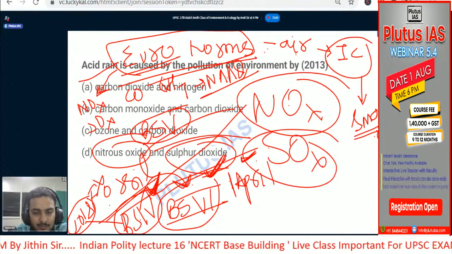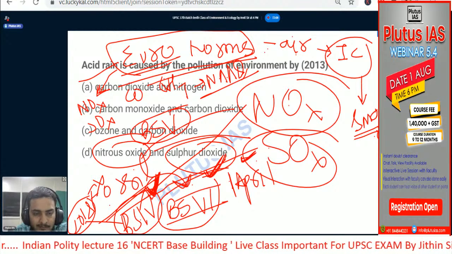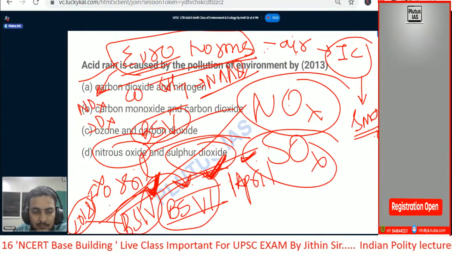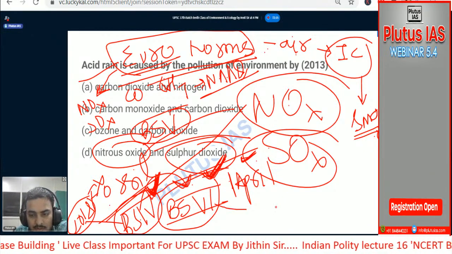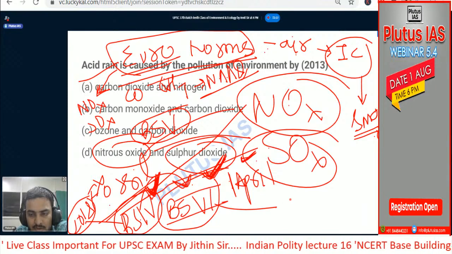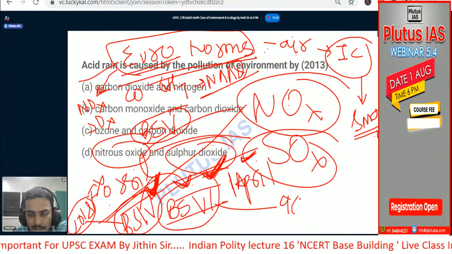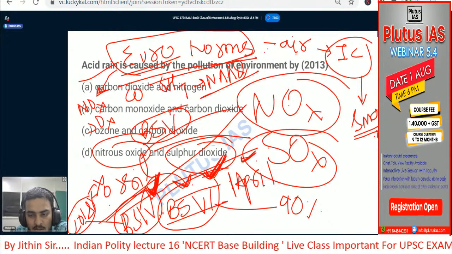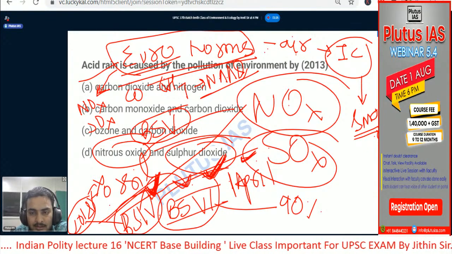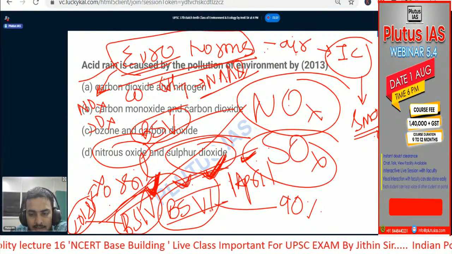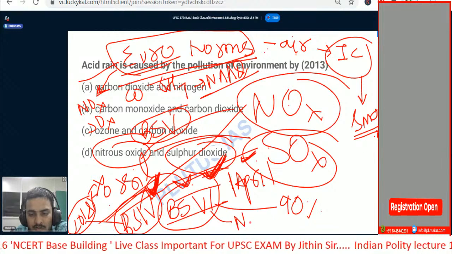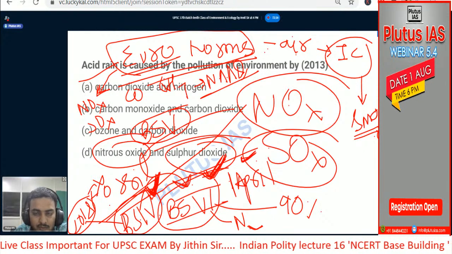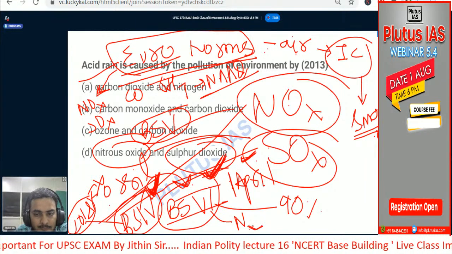In public transportation we have BS4 norms, while new personal vehicles should be on BS6. BS6 reduces sulfur content by 90% compared to BS4, and the oxides of nitrogen would also be reduced to a great extent.